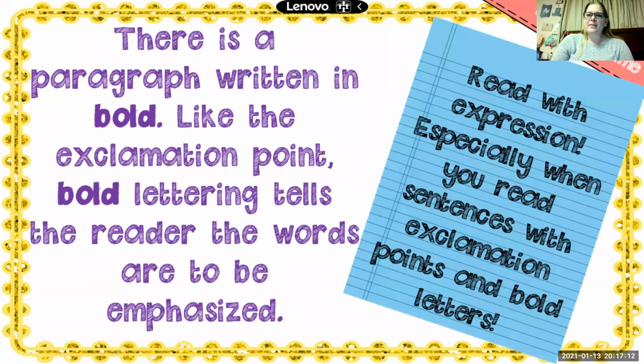There is a paragraph written in bold print letters. Just like the exclamation point, when you see bold lettering, that tells you as the reader that the words are supposed to be emphasized, okay? You have to read with expression, especially when you read sentences with exclamation points and bold letters.